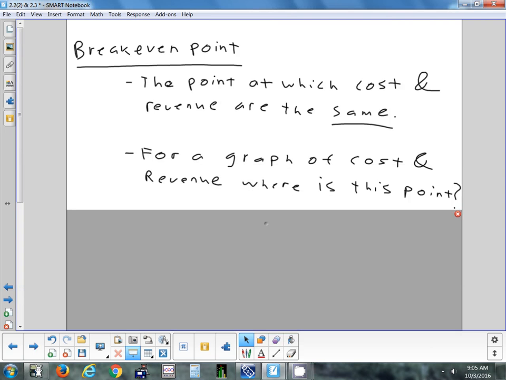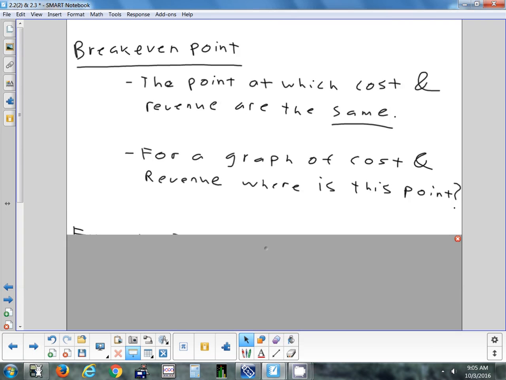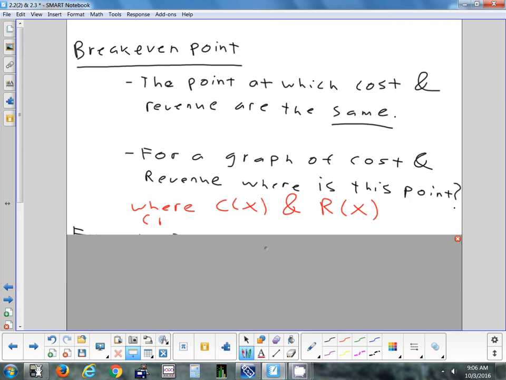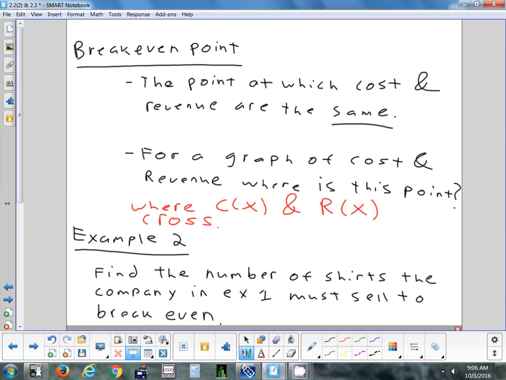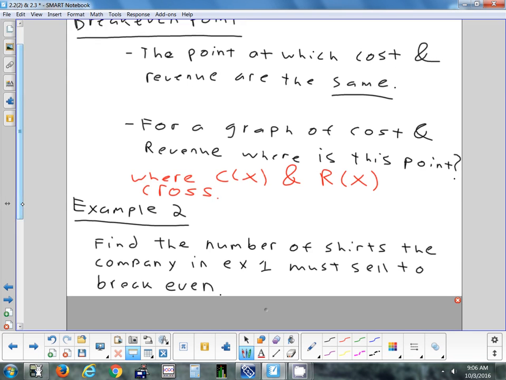And obviously on a graph, we already answered, where is that point? It's where the two lines cross. Okay, it's where our cost function and revenue function cross. Right, so now you can probably guess what's coming next.